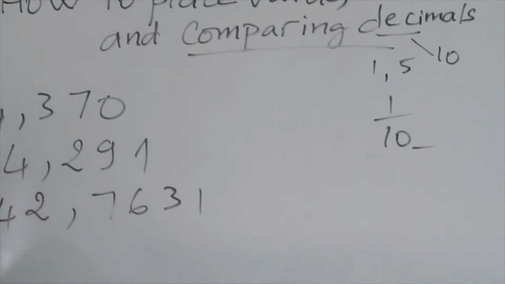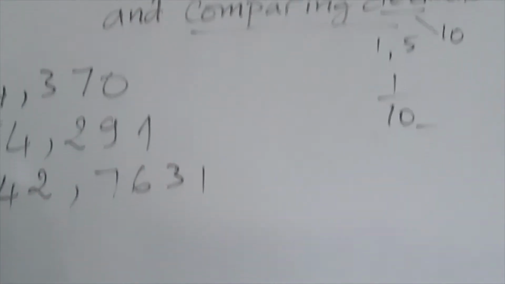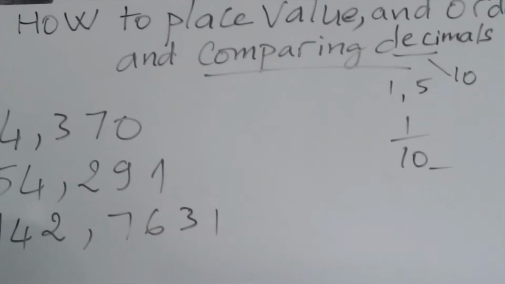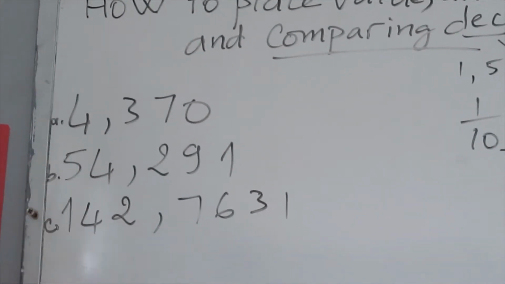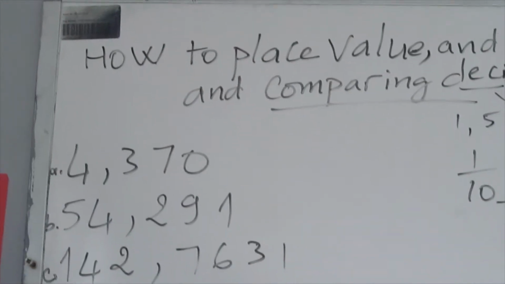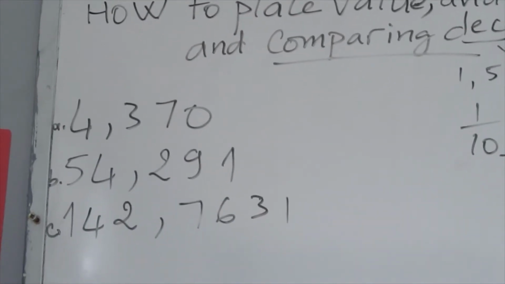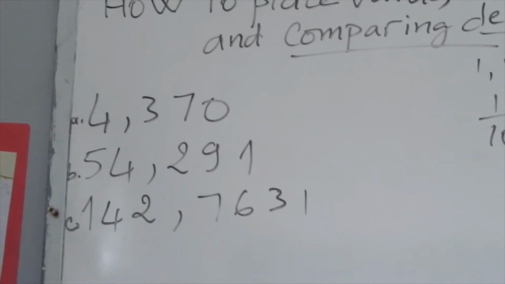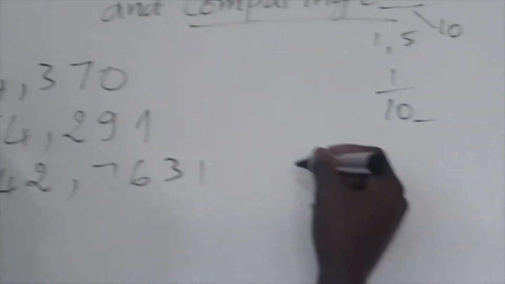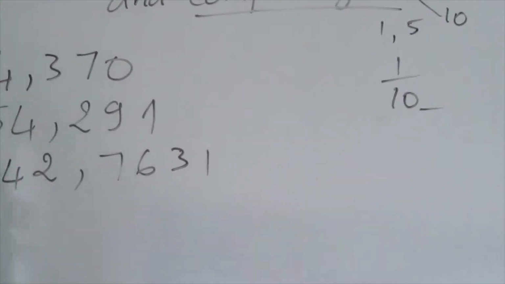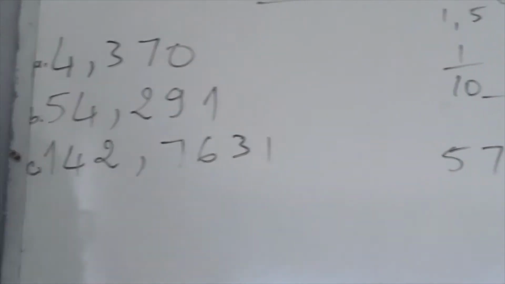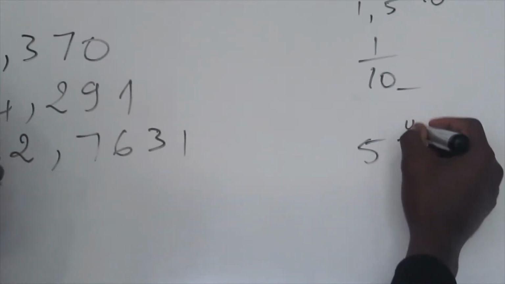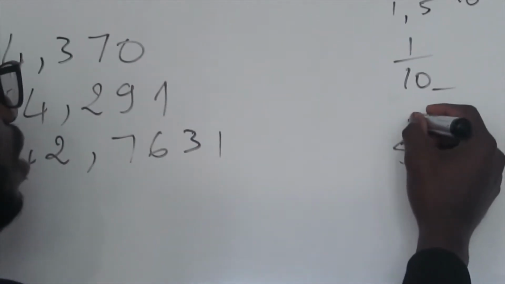Today we're based on how to place value and order and compare decimals. Now we have this number. This is a decimal, 4,370, and in this number we must place value. For a reminder, when we were placing value on a whole number, for example 57, we have units or ones and tens.